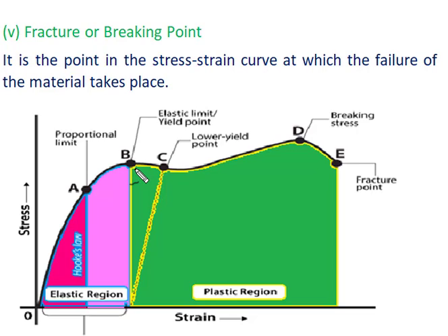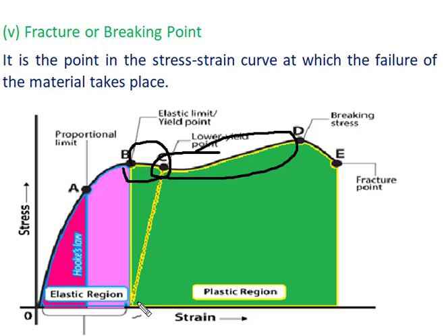Beyond this elastic region, the elastic limit has been reached, and the area BC is the lower yield and upper yield point. When the load increases, it reaches the area C and D. Here it loses almost all elastic property, coming to the plastic area.